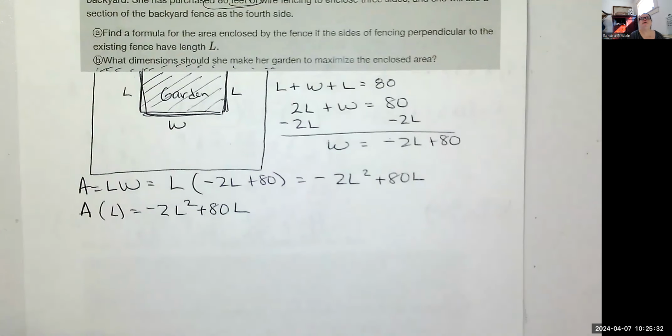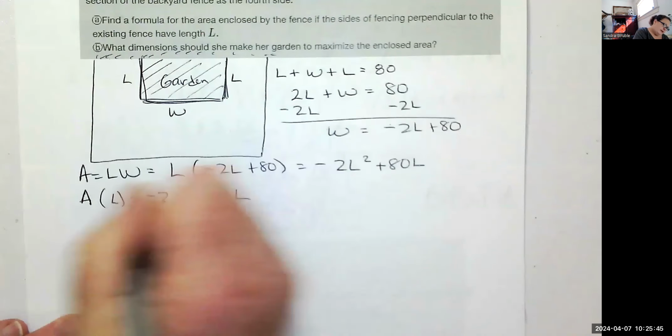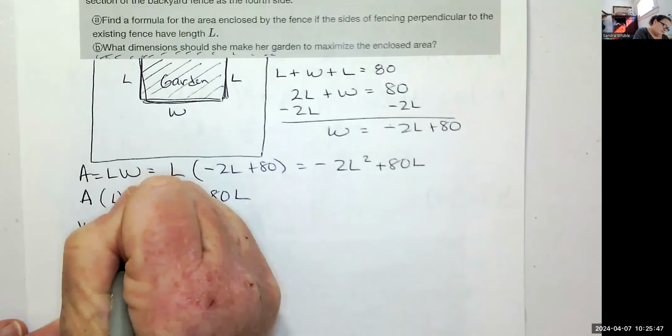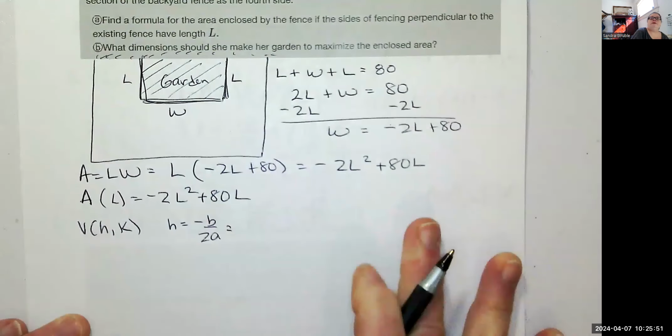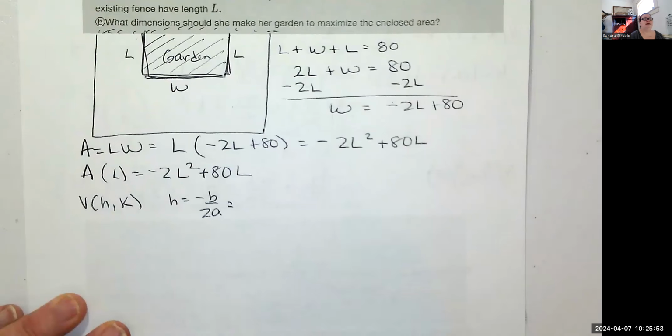And then B is we need to find out what are the dimensions that she's going to have for her garden. We can do that by just finding the vertex for this. And the vertex, remember, is (H, K), and H is negative B over 2A. That H is going to tell us what the length is that we're going to use.